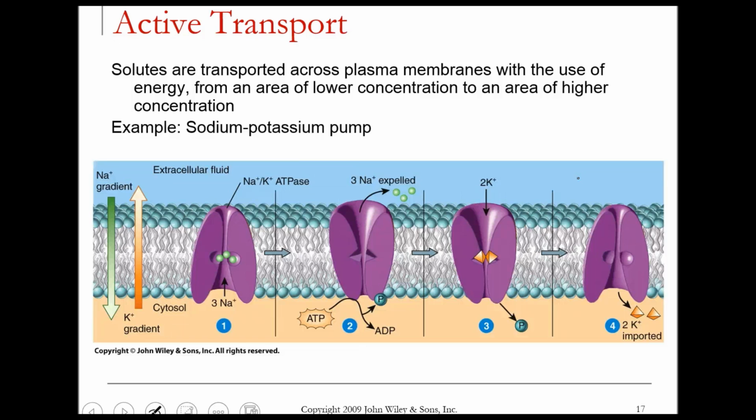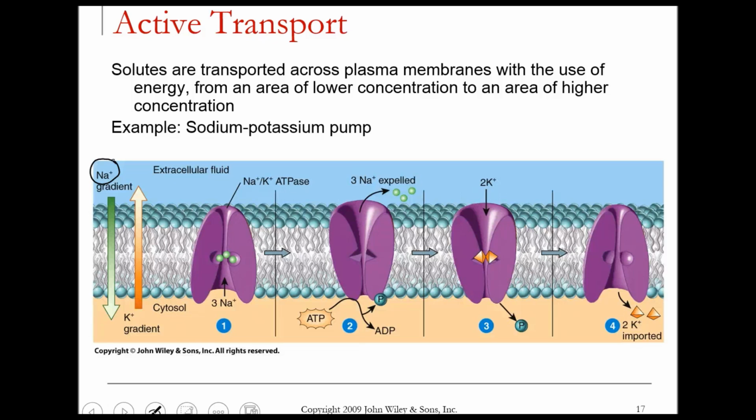A great example of this active transport is the sodium-potassium pump. Sodium and potassium are found as ions. So we have the sodium ion, and you can see that across the cell membrane between the extracellular fluid, the interstitial fluid, and the cytosol, the intracellular fluid, there is a gradient of sodium.